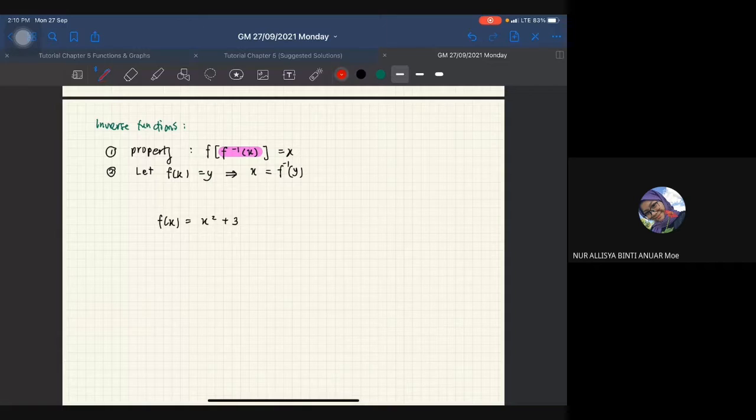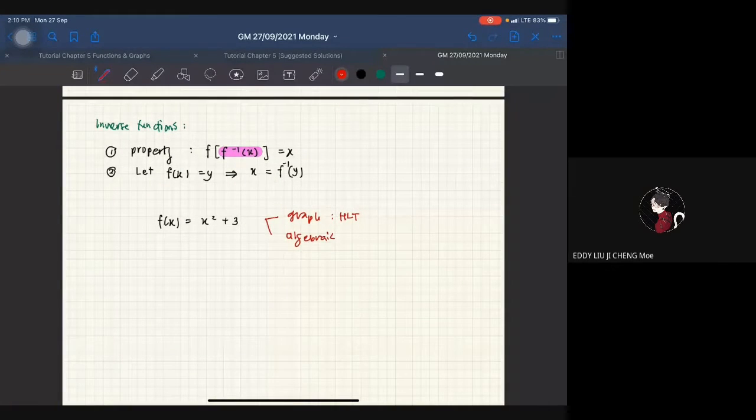Graph, betul? Horizontal line test. Graphical method adalah dengan cara horizontal line test. Lagi satu adalah algebraic.